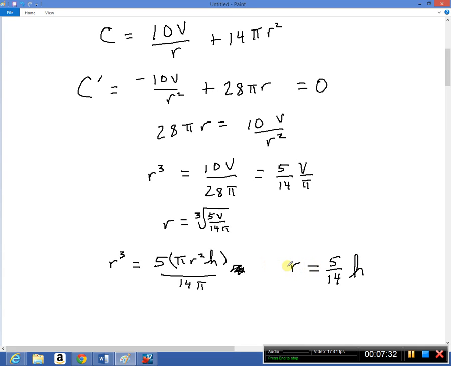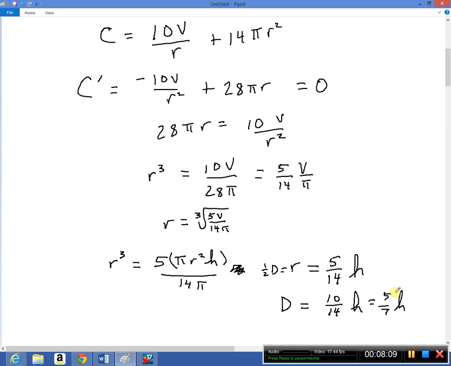Now of course the radius is half of the diameter, so if we double both sides, this is going to tell us that the diameter is going to be 10 over 14 times the height. And so you can see from here that the can has gotten narrower because the diameter is only 10/14, which is 5/7 of the height.